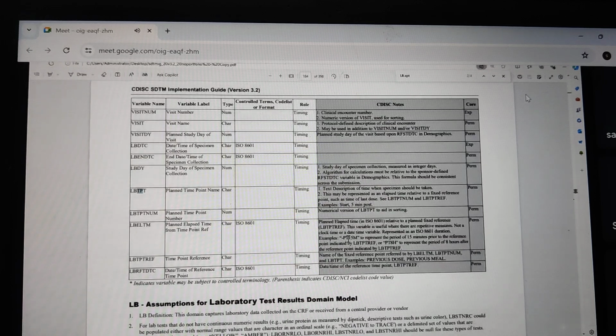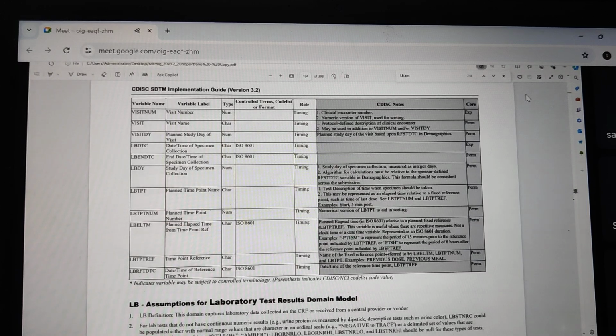We can put, okay, it's PT8H, or minus PT15M. The 15M is 15 minutes, and minus PT is the period of time prior to treatment, before the treatment. The PT is the post treatment, the period of time, actually; that is the definition. So PT is after treatment, and minus PT is before treatment.